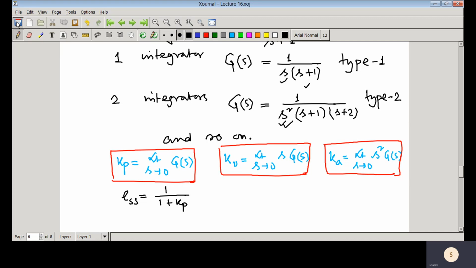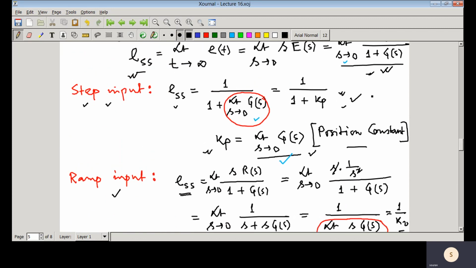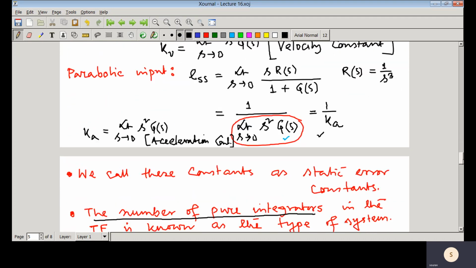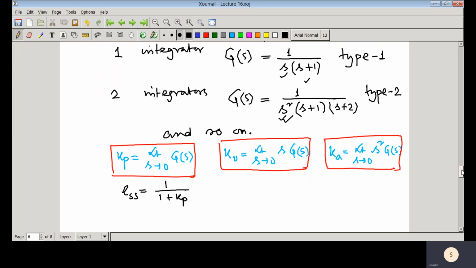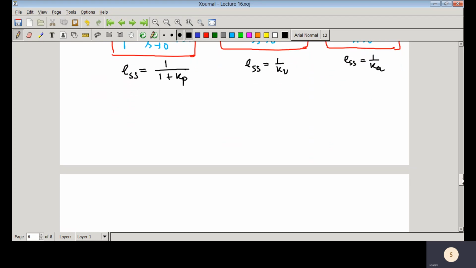We have seen it, the steady state error is 1 plus Kp here, and in case of velocity and acceleration error constants, it is directly 1 by Kv and 1 by Ka. And here the steady state error is 1 by Kv, and this steady state error is 1 by Ka. So now we can make a table like, so what input we have.